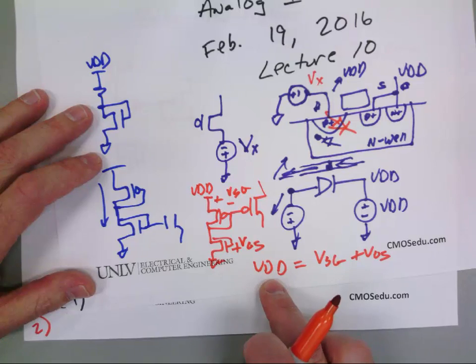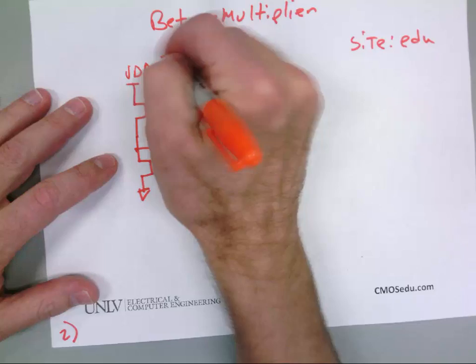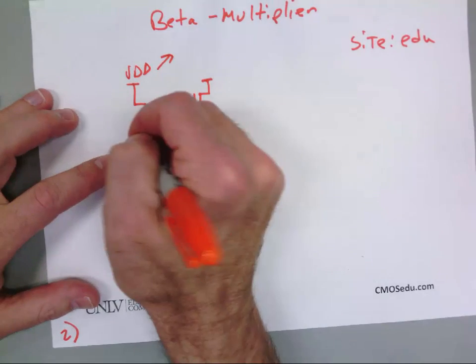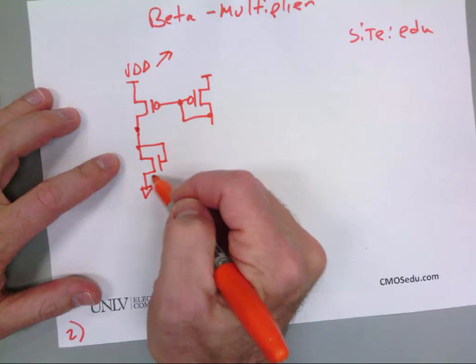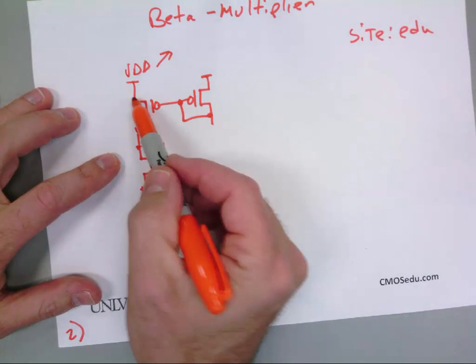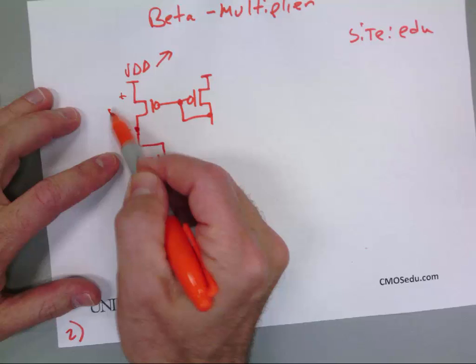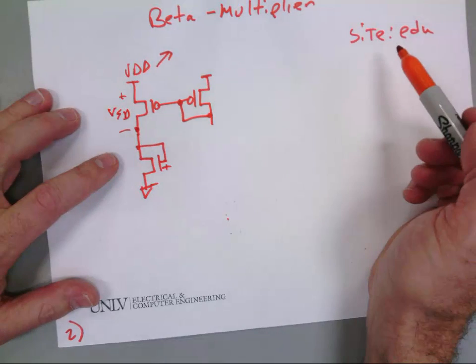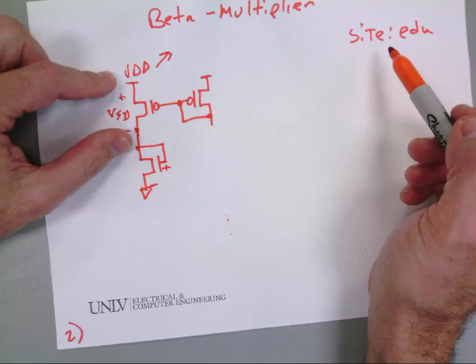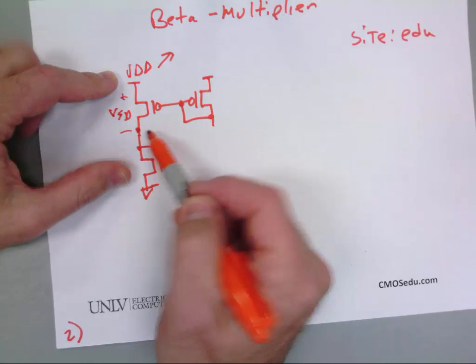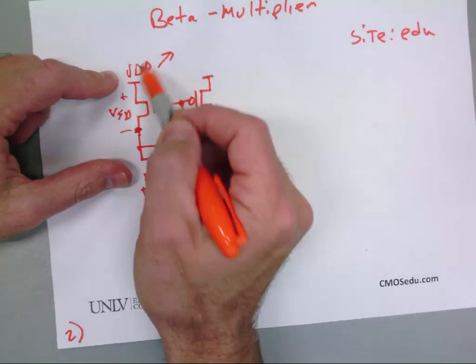If I do it this way and I start to increase VDD, the voltage here stays at VGS, but the source to drain voltage goes up, which is fine. I'm just increasing the voltage across that current source. Does everybody see that? So I want this node to stay fixed and not change with VDD.